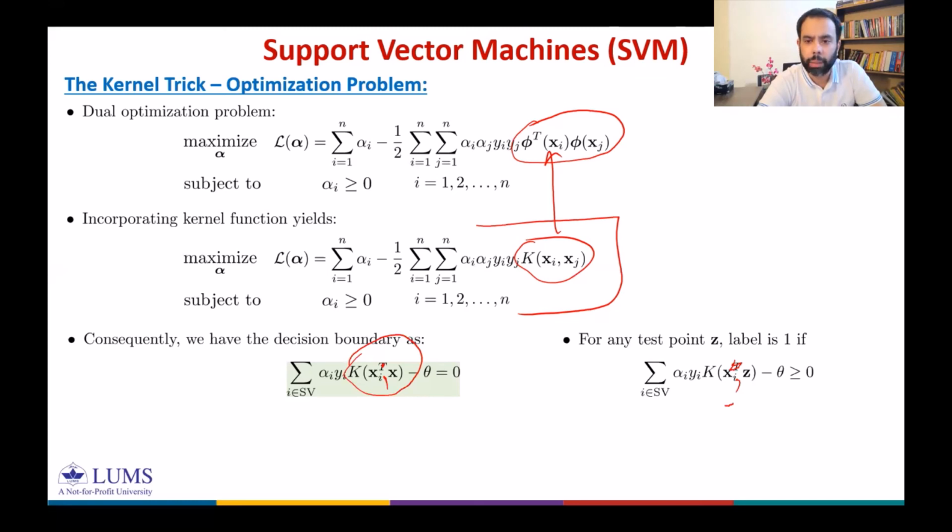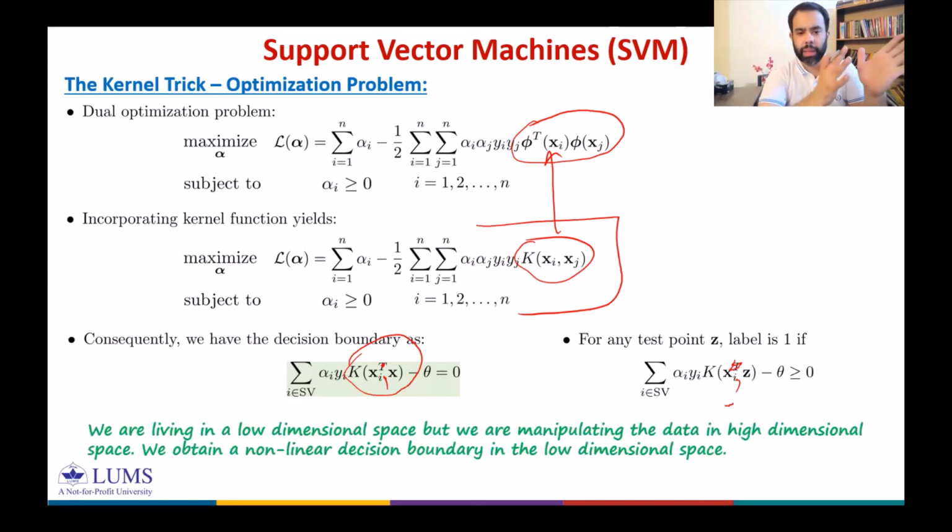So what's happening here? We are living in a lower dimensional space. We are solving this optimization problem in the lower dimensional space. We have the formulation of the decision boundary in the lower dimensional space. We are carrying out classification in the lower dimensional space.